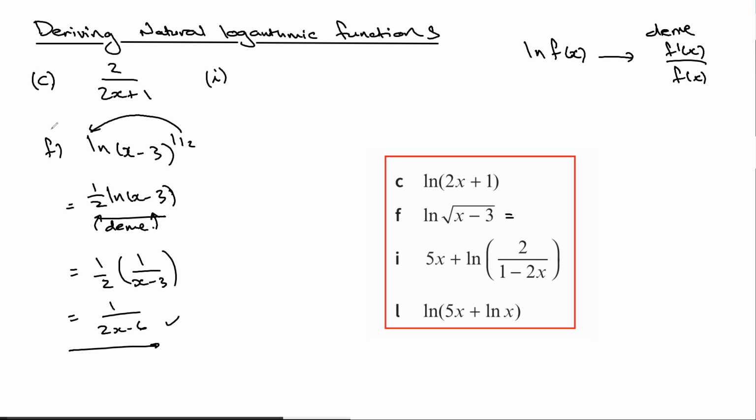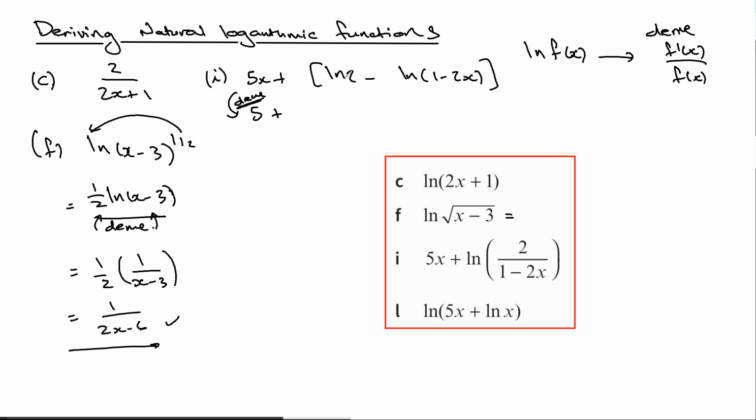Okay, for I, the derivative of 5x is 5, and then applying the same rule, we can distribute using the quotient rule: ln 2 minus ln (1 minus 2x), and it becomes 5 plus that. Well, I've already derived the 5x, right? So if I keep 5x there and derive it into this line, this will be 5.